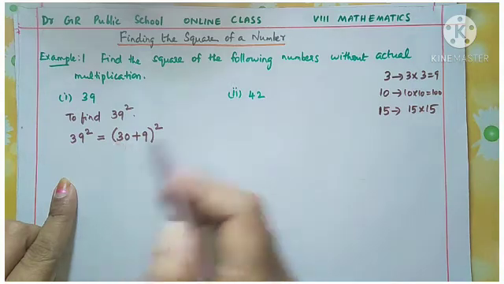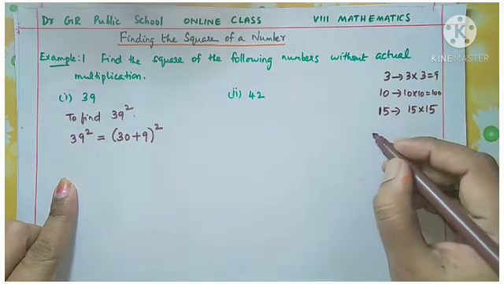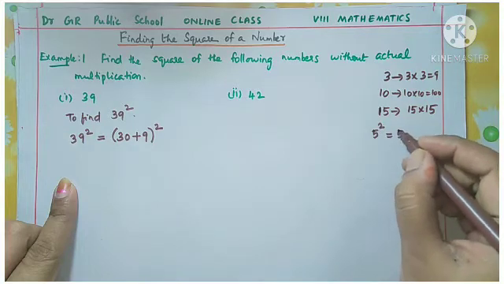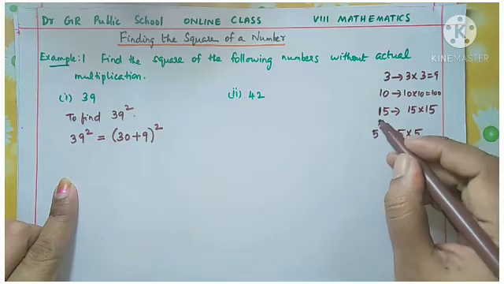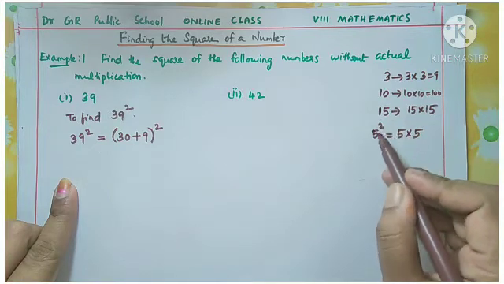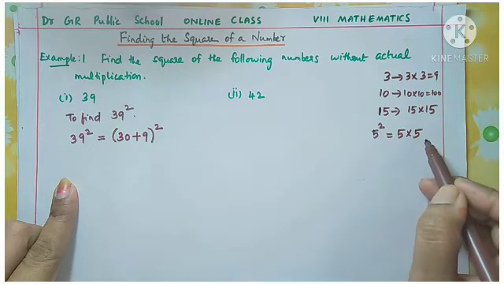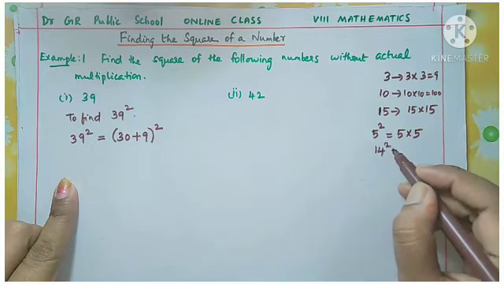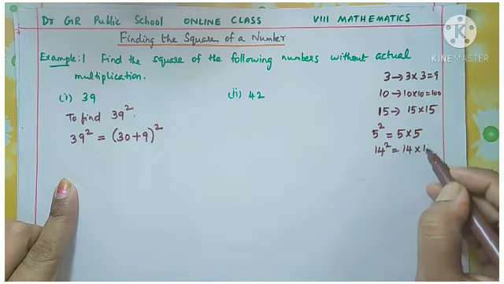Now any number, if it is having a square, if 5 has a square, the meaning is 5 into 5. The meaning of the power of the number is how many times. Correct? If I am putting 14 square, the meaning is 14 into 14.